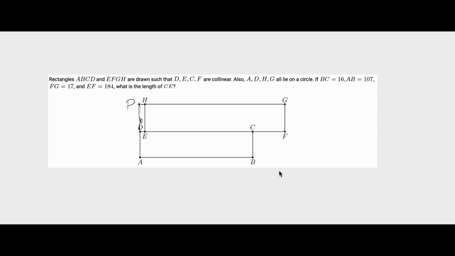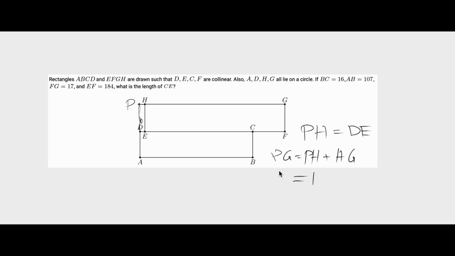Let's call it P. We have PH equal to DE because we formed a rectangle. PG is equal to PH plus HG. And with the given information, we have HG is equal to EF, which is 184. And PH, like we just said, is the same as DE.